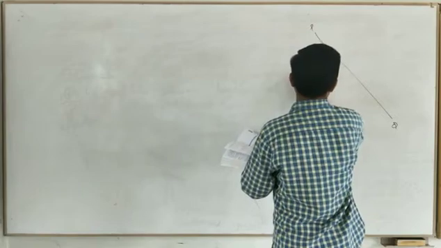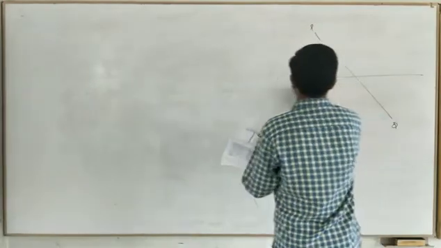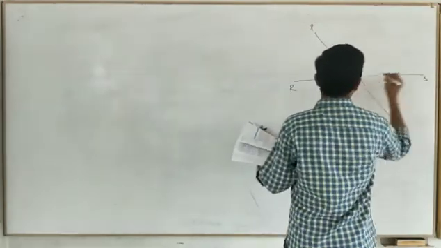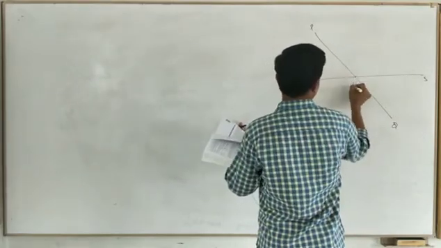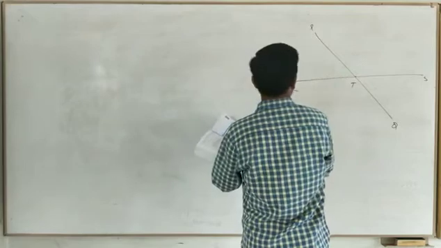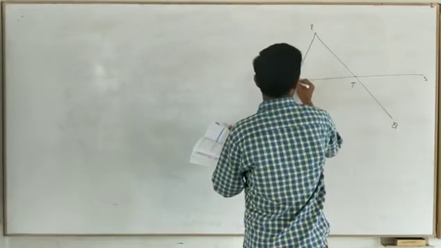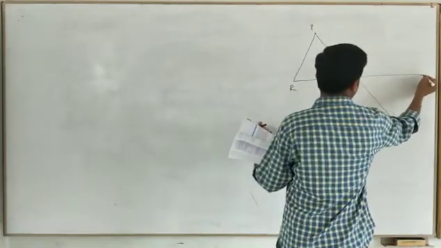However you draw it, no problem. PQ and RS are intersecting at point T, and he has joined PR and QS also.